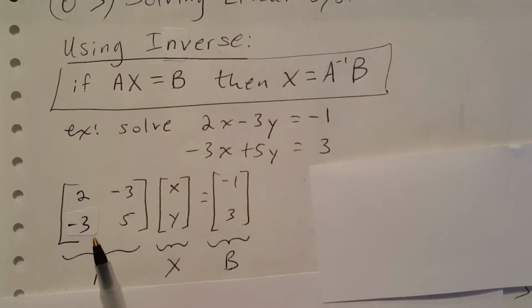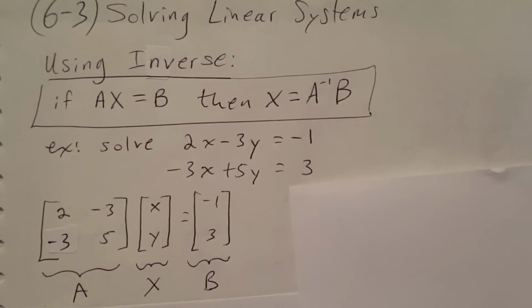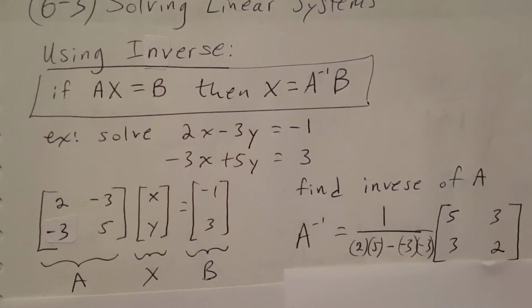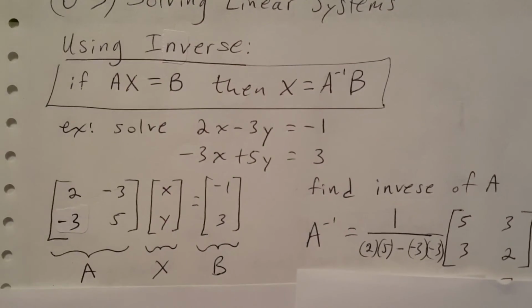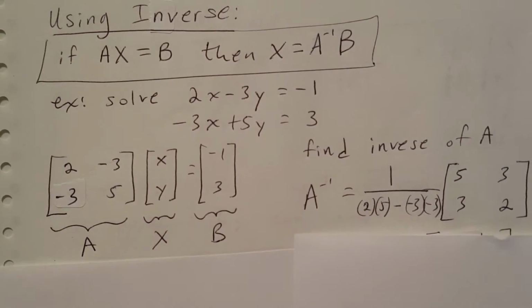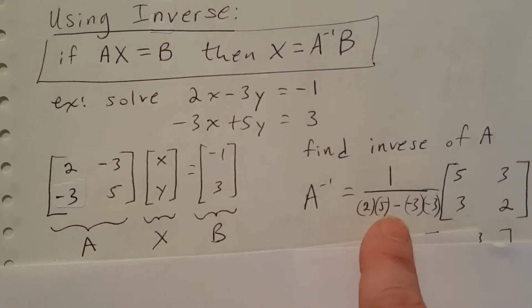So we know how to get the inverse, and we know how to do multiplication with matrices. First, we need to find the inverse of this. Really quickly, off to the side, let's find the inverse of our matrix A. If you recall, the way to get the inverse is 1 over the determinant of A. Remember, cross multiply, subtract.